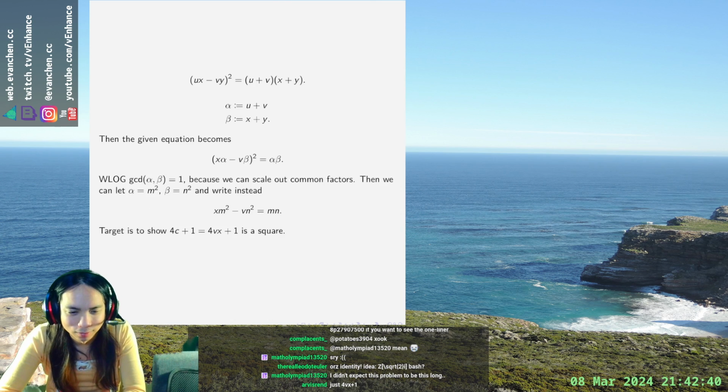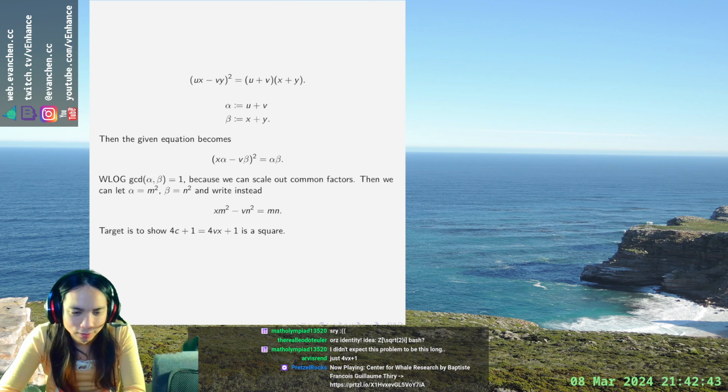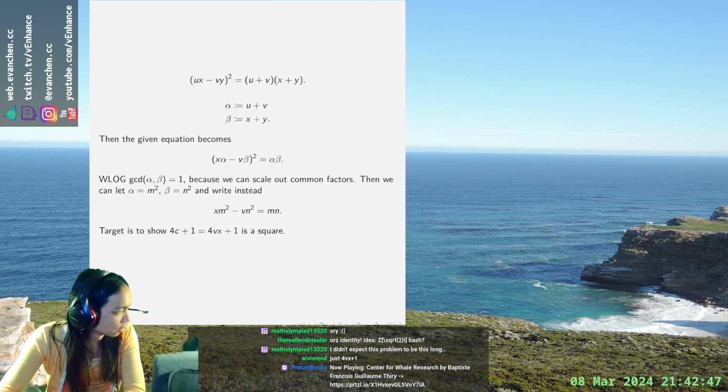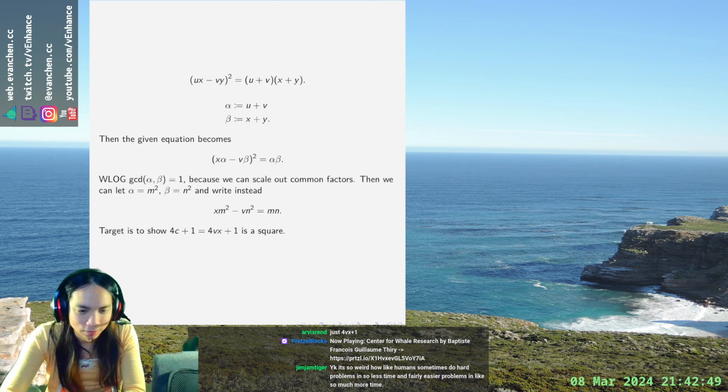Again, the target is still to show 4xv plus 1 is a square. Oh, sorry, this is plus minus mn.